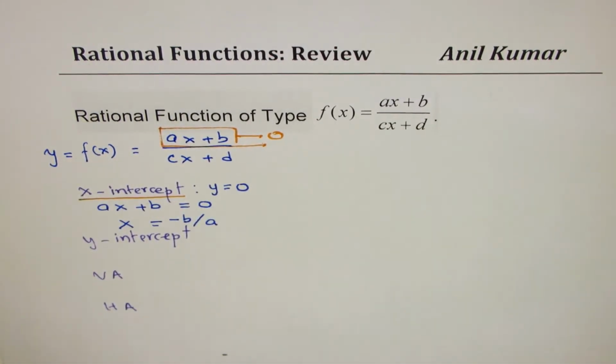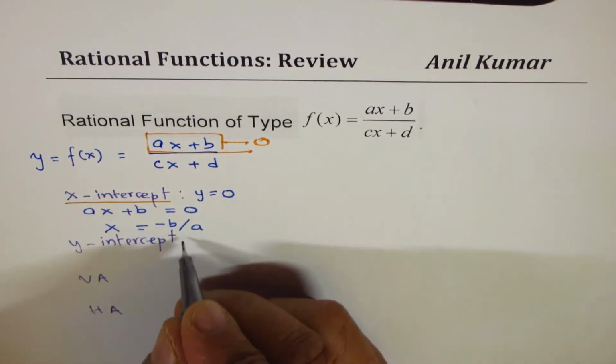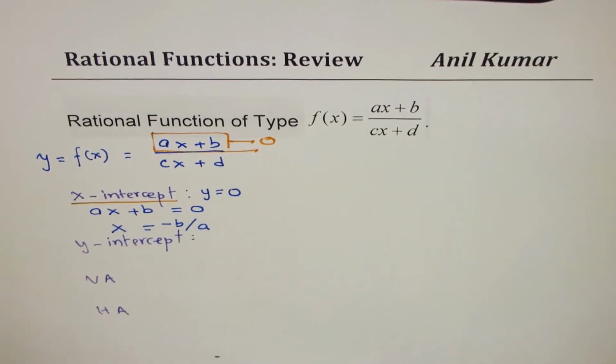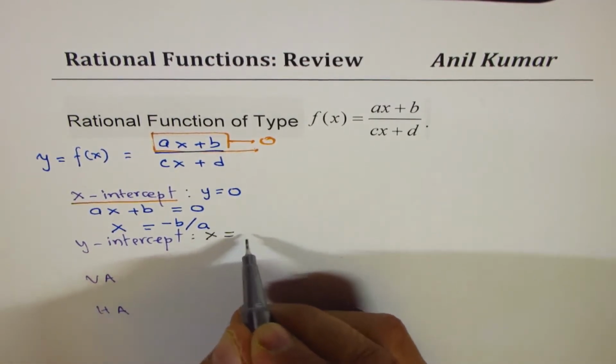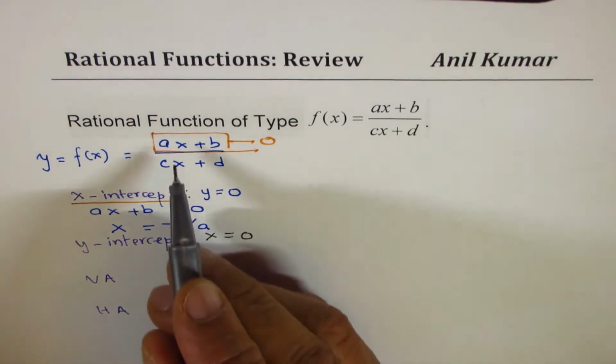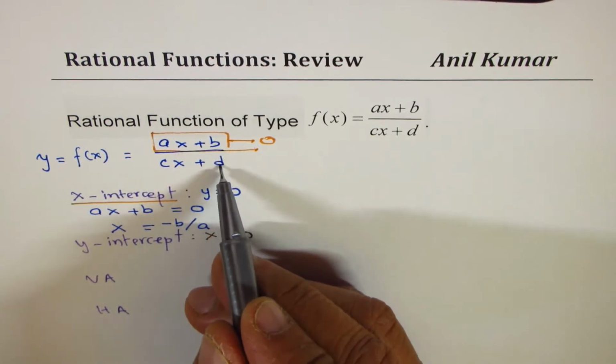Now let's see what should be done for y-intercept. In case of y-intercept, as you know, the x value is 0, right? So in this expression, if I write x as 0, what do you get? You get b over d, right?